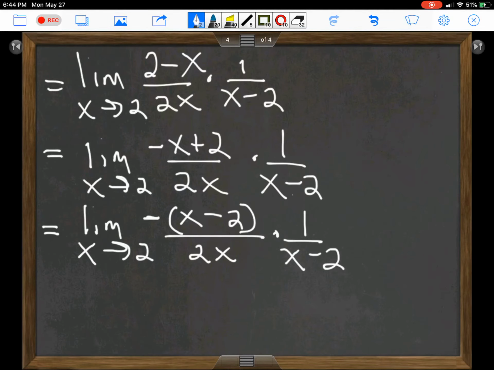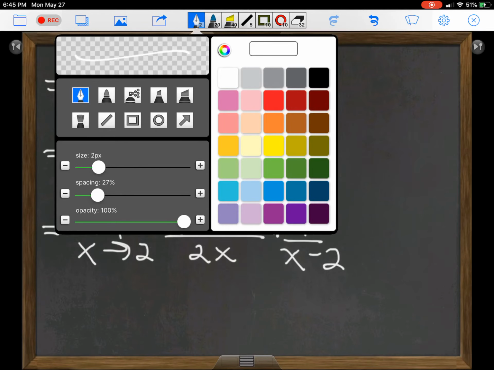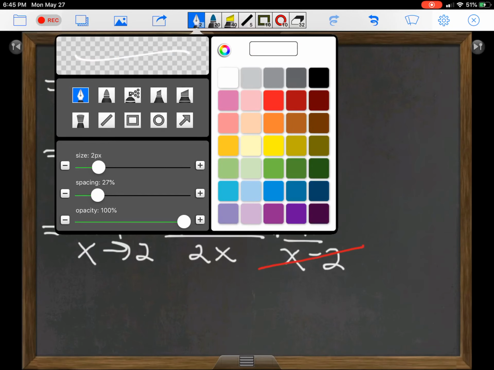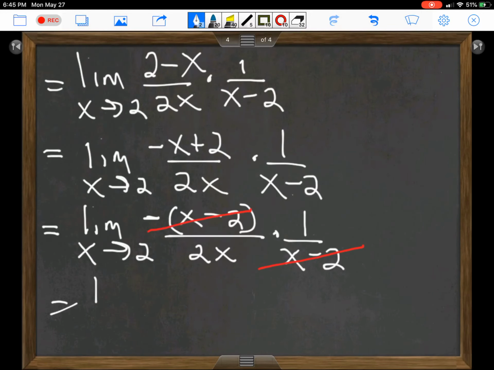Now, can we cancel? We sure can. This x minus 2 and this x minus 2 cancel. And I am left with minus 1 over 2x.